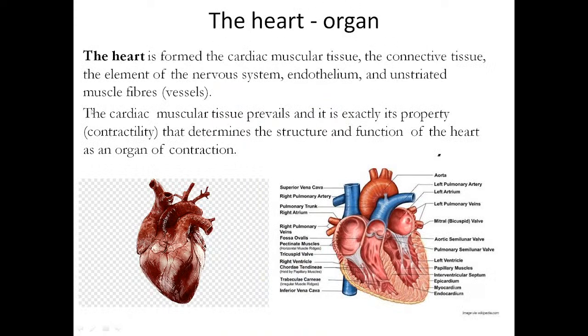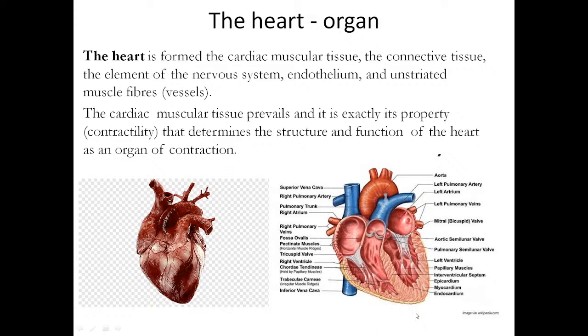The heart is formed by cardiac muscular tissue, connective tissue, elements of the nervous system, endothelium, unstriated muscles, fibers, and vessels. What you see is the structure of the heart.